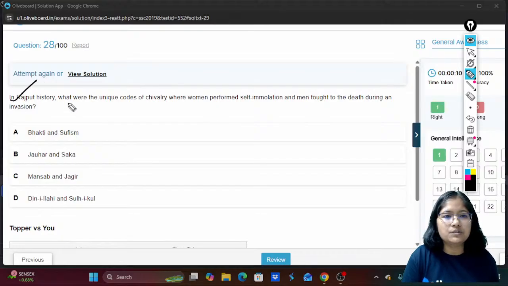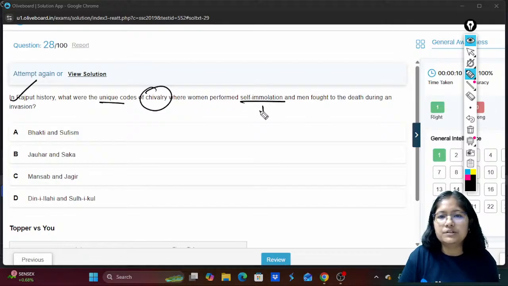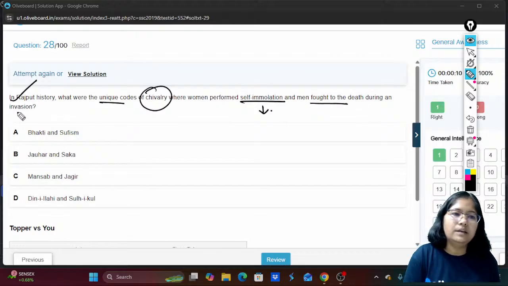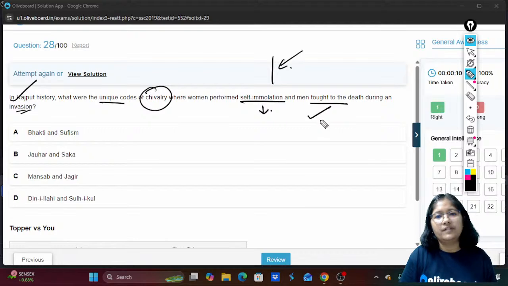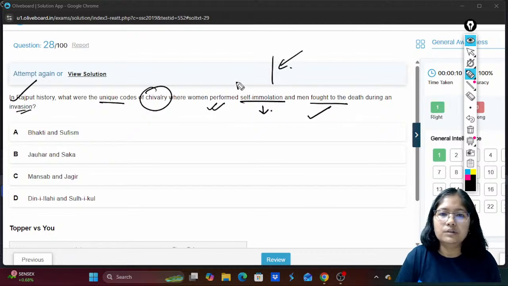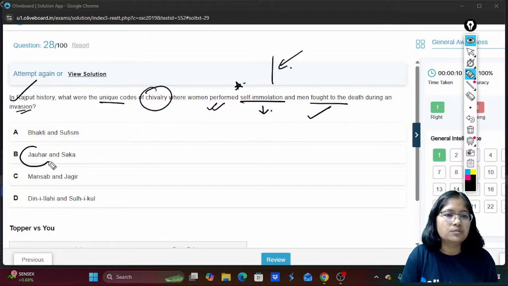In Rajput history, what were the unique codes of chivalry where women performed self-immolation and men fought to death during an invasion? If there is an invasion, then in that case, men will fight completely, and the woman, if something goes wrong, will do the self-immolation. This is known as Johar.